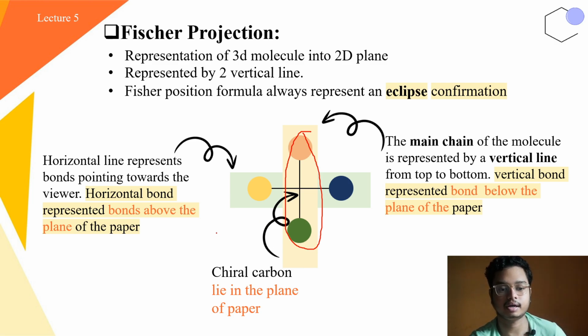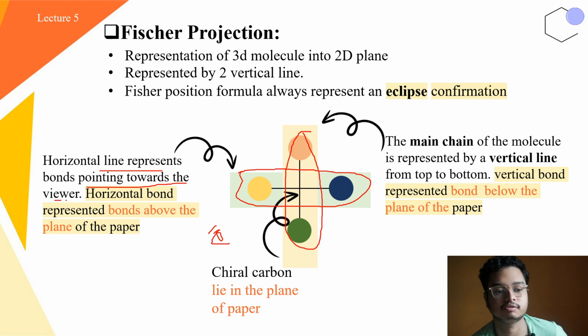Like if I am observing this molecule from here, then the vertical bond groups will always be away from the observer, and this is called a horizontal bond, and this horizontal bond represents the bonds pointing towards the viewer.